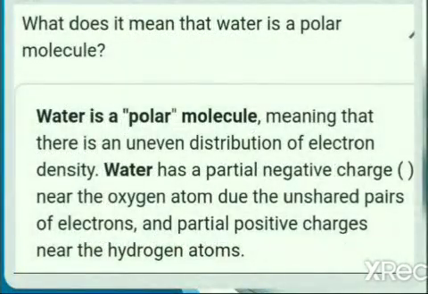What does it mean? Water is a polar molecule, meaning that there is uneven distribution of electron density. Water has partial negative charge near the oxygen atom due to unshared pair of electrons and partial positive charge near hydrogen atoms. What does it mean?